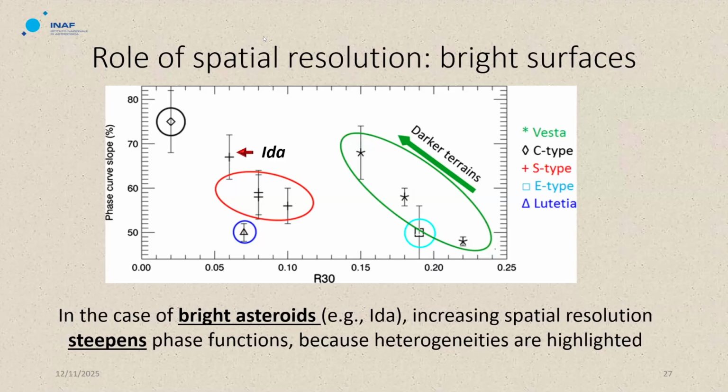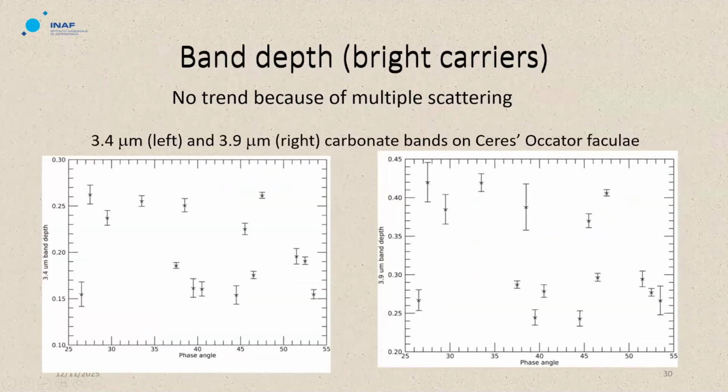What is important to say about Ceres: the 3.4 micron band, carbonate is only one of the carriers of the 3.4 micron band, because it is a combination of ammoniated phyllosilicates and carbonates. In the Occator regions there is no trend, but in other regions there is a decreasing trend.